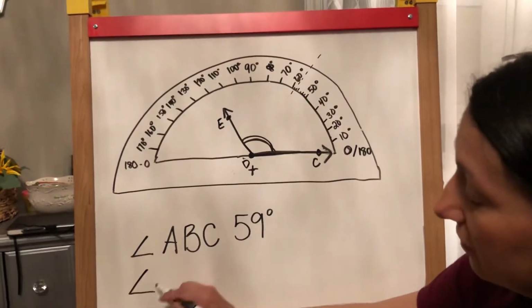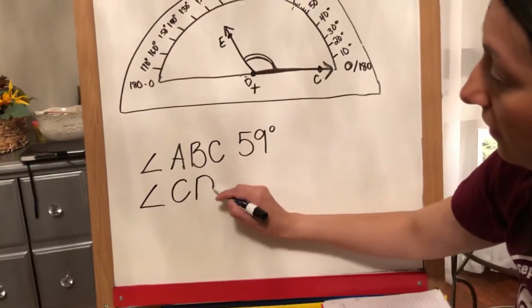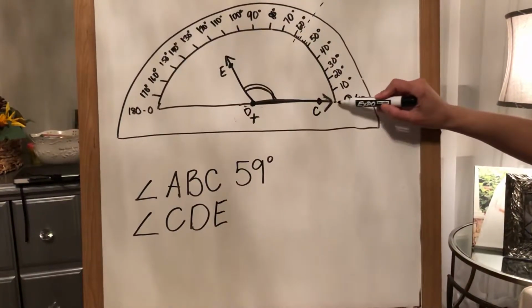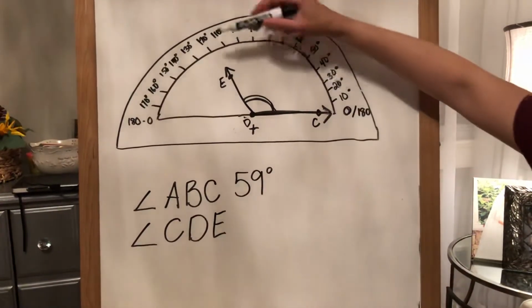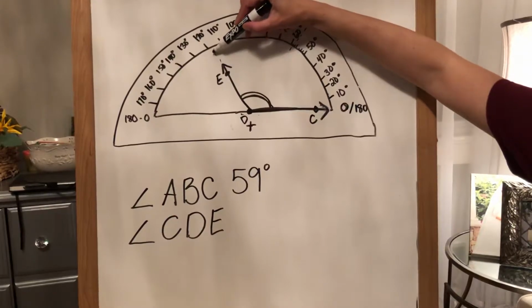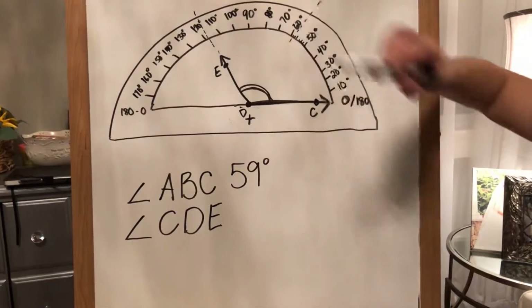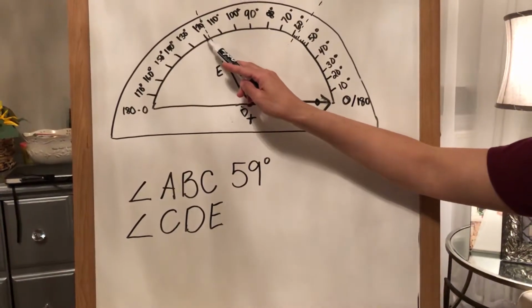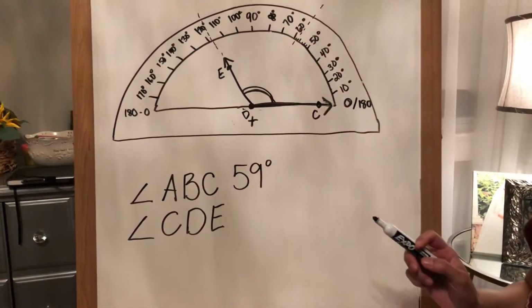So we have angle CDE. So it starts at 0, and then we can take our line and see where it's going to. And this one kind of comes right before 120 degrees.